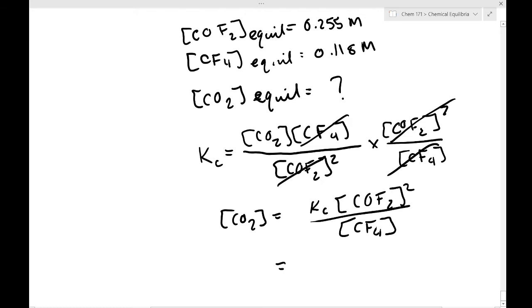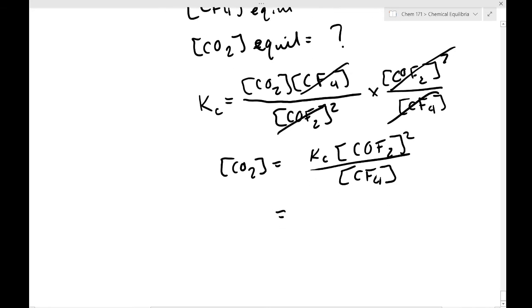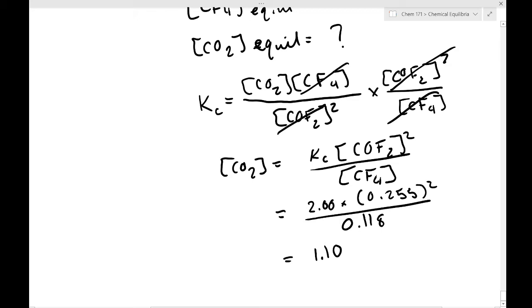Okay, and we can directly calculate the concentration of CO2 by plugging in those numbers. So we have 2.00 multiplied by 0.255 squared divided by 0.118. And that ends up equaling 1.10 molar. Okay. In this case, we can include the units here.